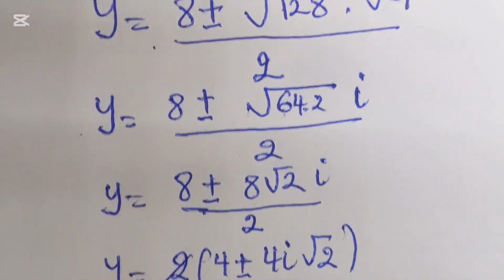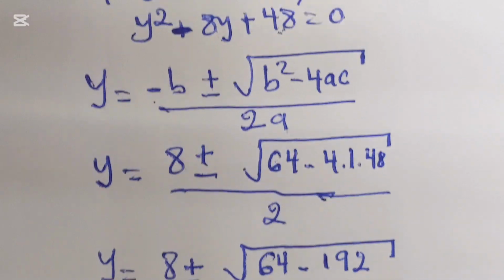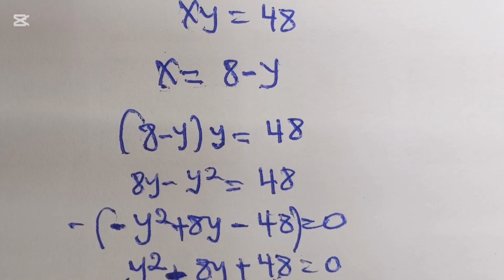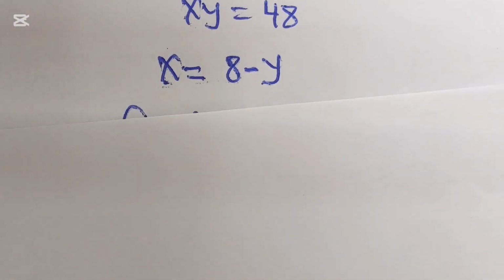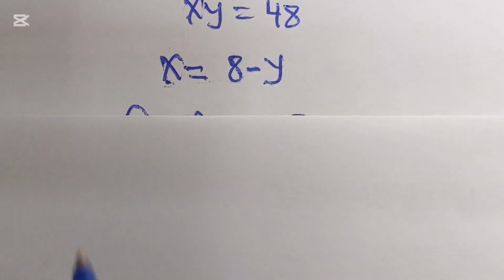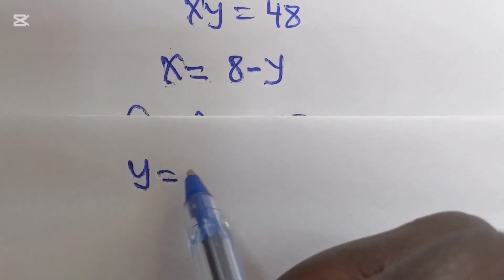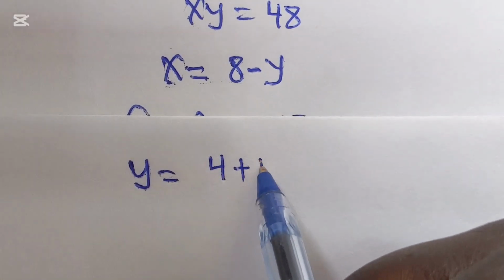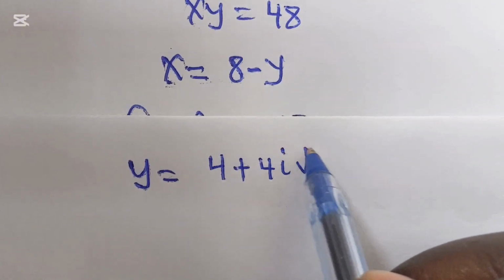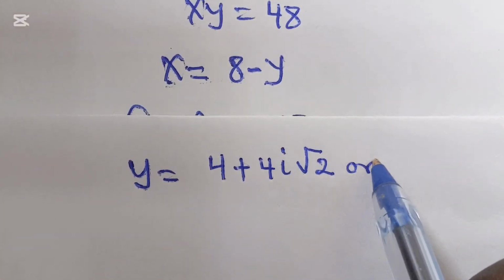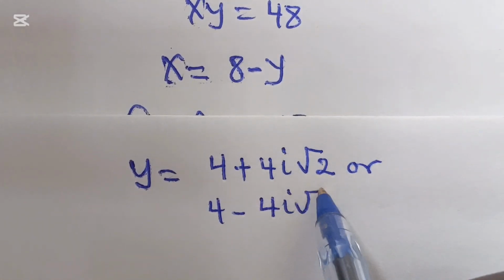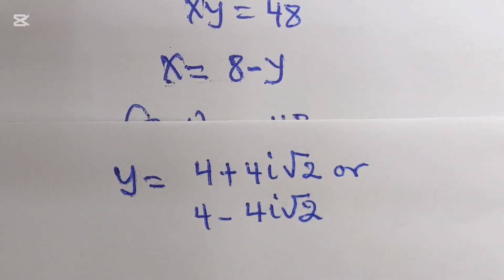Right? Then we are going to find the values of x, right? By finding the value of x, y is equal to 4 plus 4i square root of 2, or 4 minus 4i square root of 2, right?